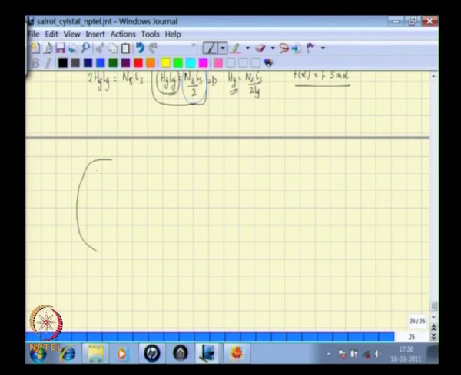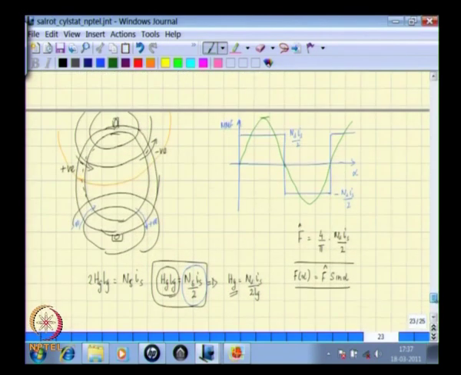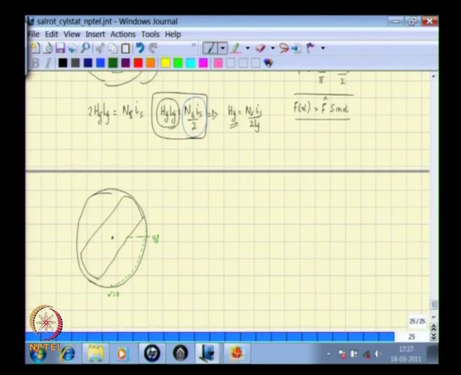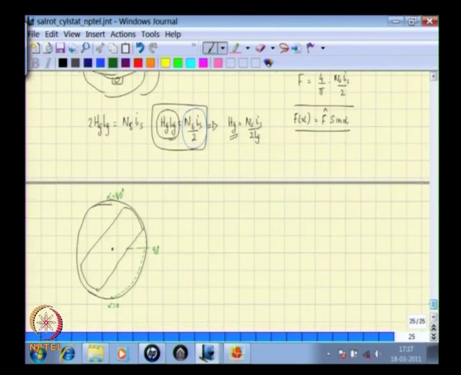So if you have the stator geometry, and then let us say you have the rotor like this, the MMF distribution that we have written is an MMF that varies from, here is your alpha equal to 0, and then you travel along; at alpha equal to 90 degrees you reach the maximum value of MMF, and then as you go along you reach alpha equal to 180 degrees, you get the minimum value of MMF, and so on.